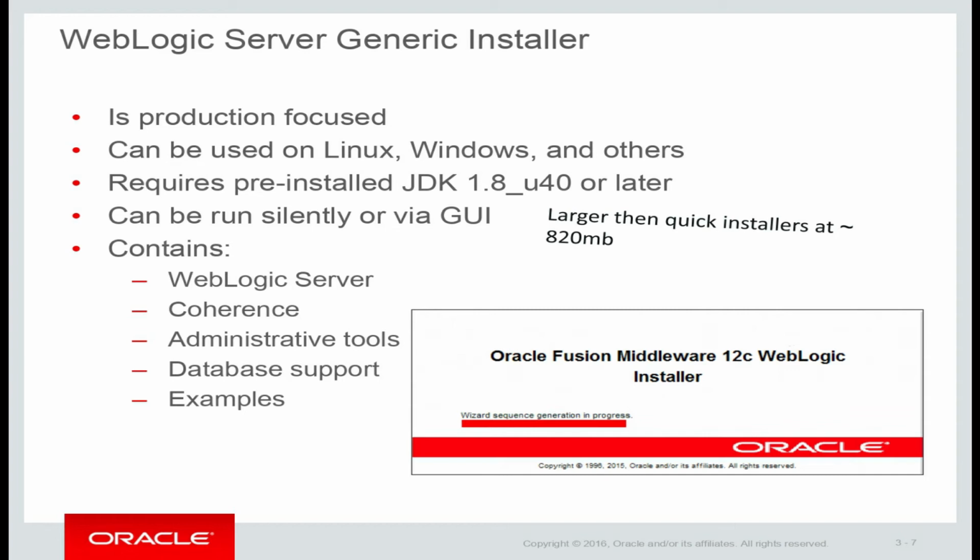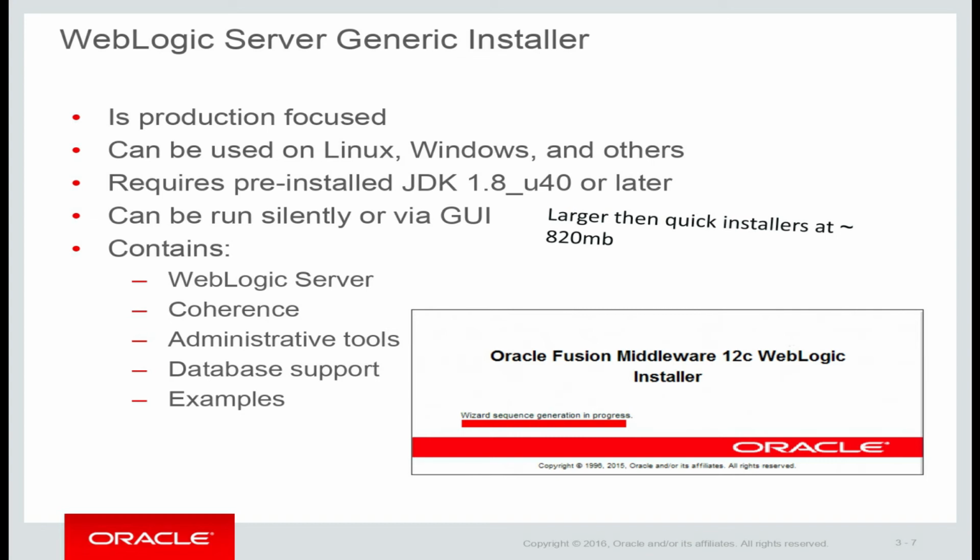It requires a JDK. Every WebLogic requires a JDK, meaning a Java version, Java 1.7, 1.8, whatever version you are installing. Just go through the README and quick installation guide of that WebLogic, and it will state which version of JDK is required.